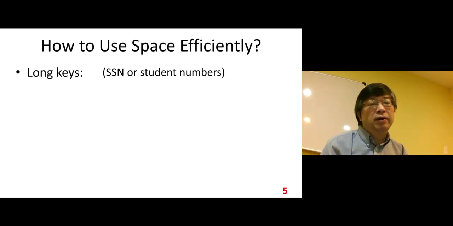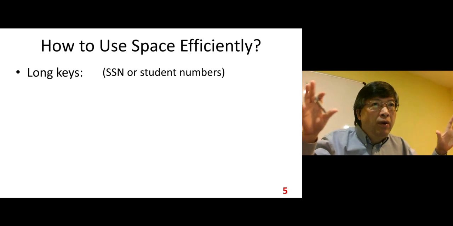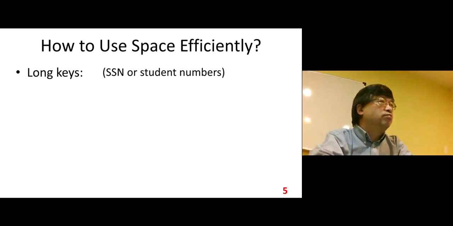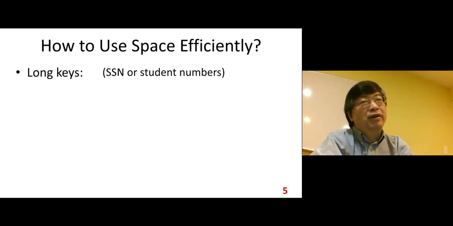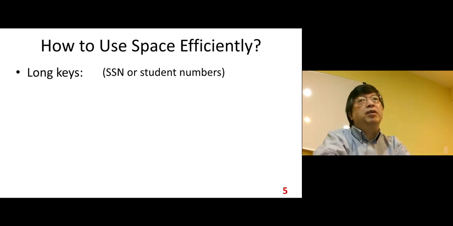So you do not write an application that needs to work for all the people in the world or even in this country. You rarely do that, right? So you write an application that works on a much smaller group of people.